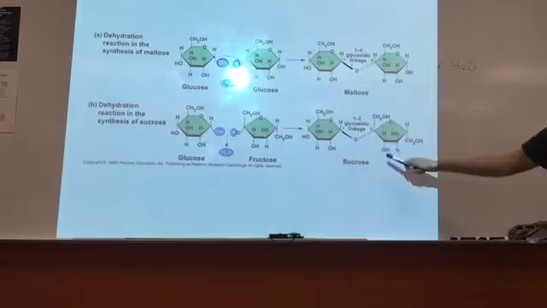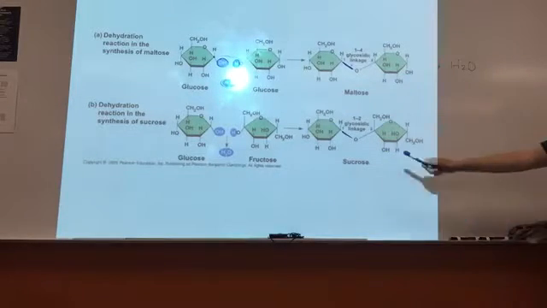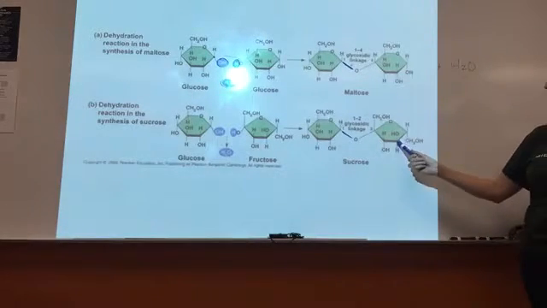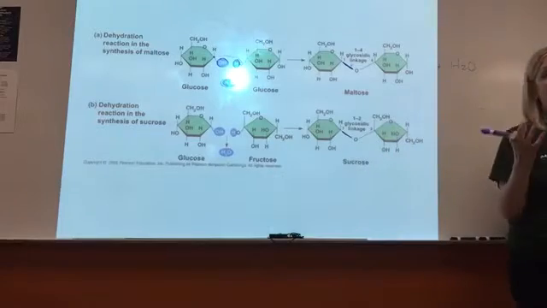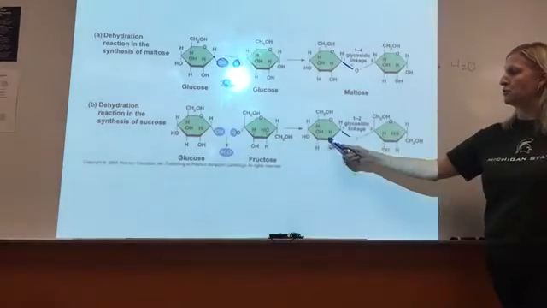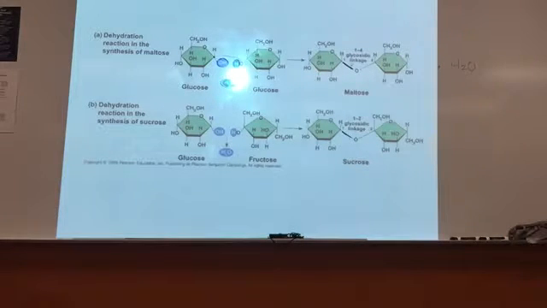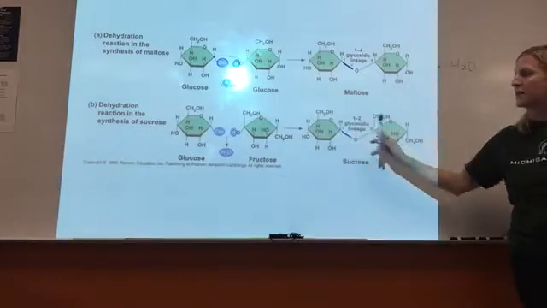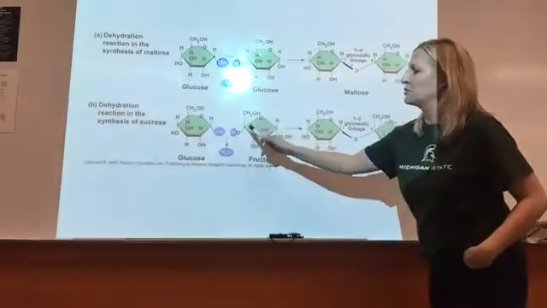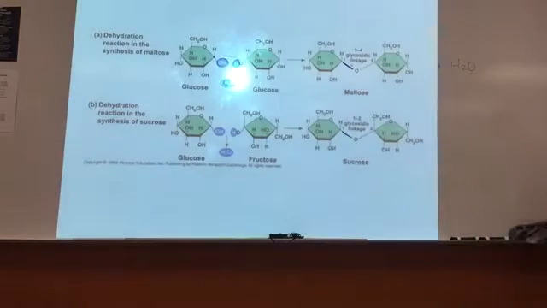So that's how they're made, using dehydration. When we eat table sugar, sucrose, we cannot use sucrose in its form as 2 monosaccharides hooked together. So when we eat table sugar, the enzymes in our digestive system aid in breaking this bond to make them back into glucose and fructose, because our cells can only use the simple sugars.